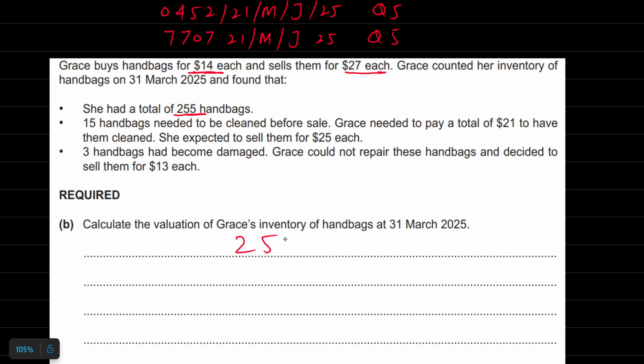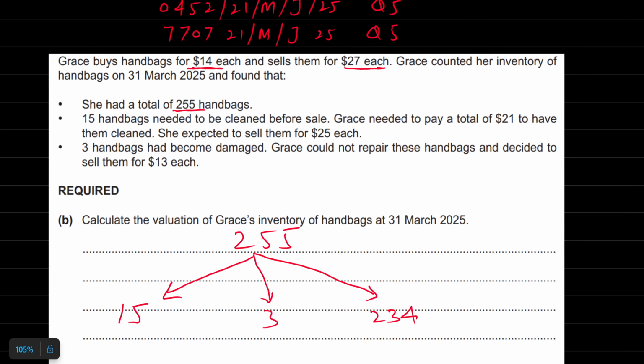Out of these 255 bags, 15 bags need to be cleaned, 3 handbags are damaged, and the remaining are in good condition. So remaining 255 minus 15 minus 3 will be equal to 237.